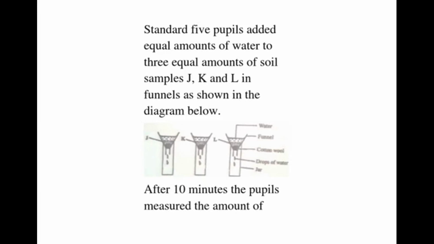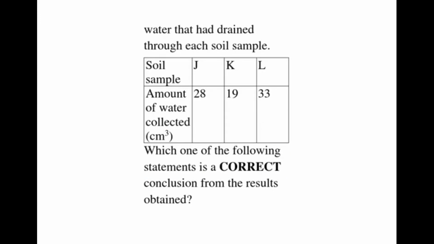Standard 5 pupils added an equal amount of water to 3 equal amounts of soil samples J, K and L in funnels as shown in the diagram below. After 10 minutes, the pupils measured the amount of water that had drained through each soil sample.